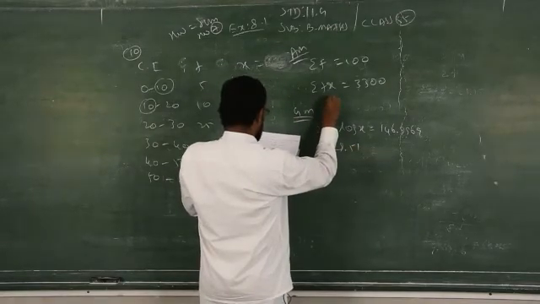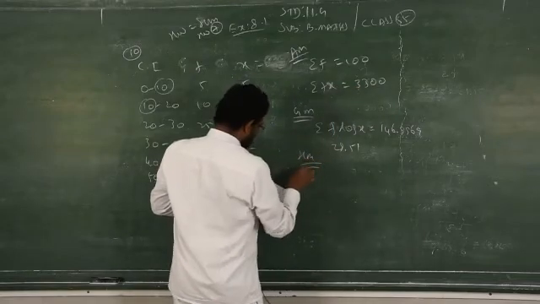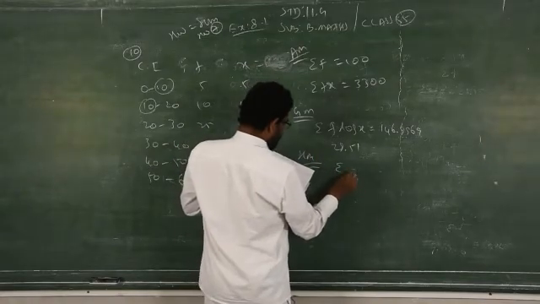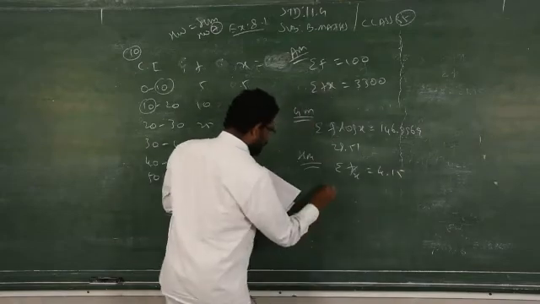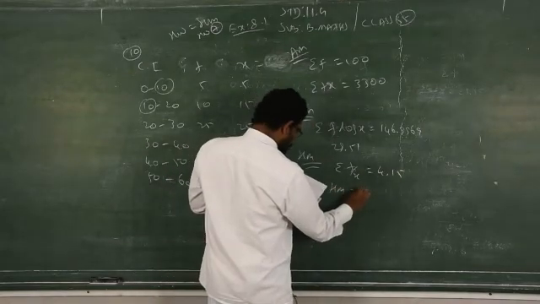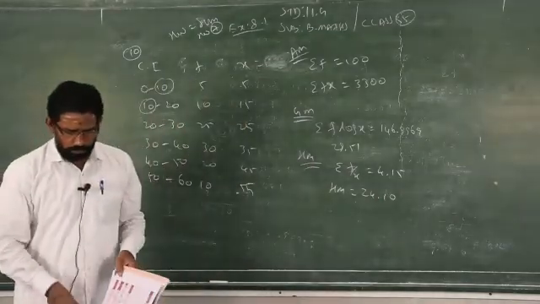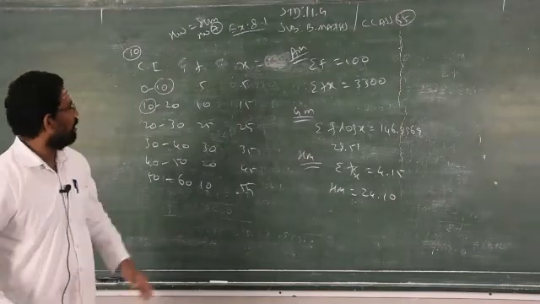The answer for AM you have to find out, that is very easy. Then for HM, I am giving only the data. Clear? Summation f by x is 4.15. Then the HM answer is 24.10.